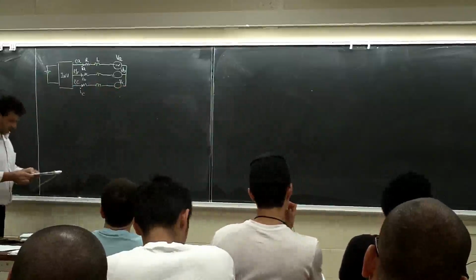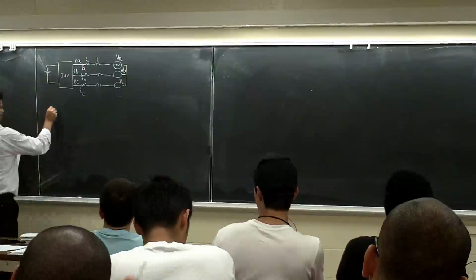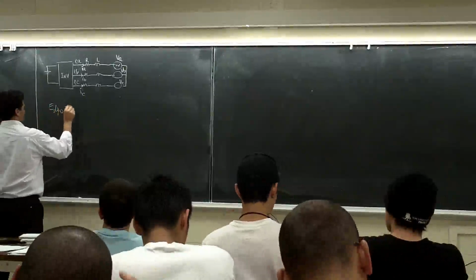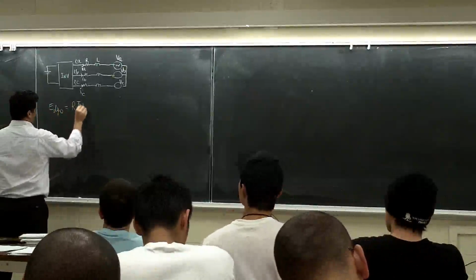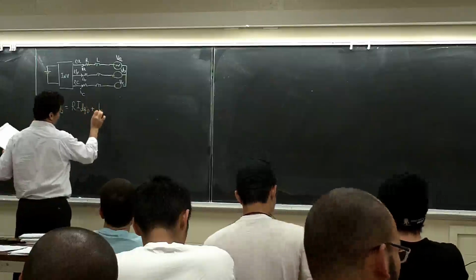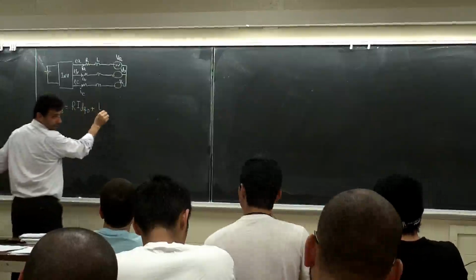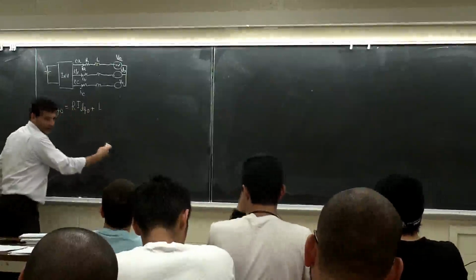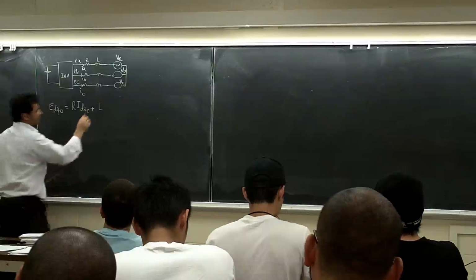So I think we got to this equation, if I'm correct. EDQO was equal to R times IDQO plus L. These are matrices, right? This is the 3 by 3 matrix. This is R, R, R. L, right? You have those things.